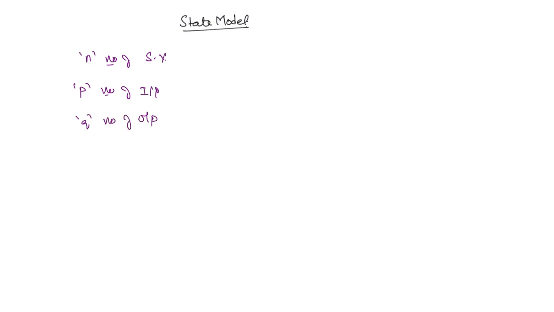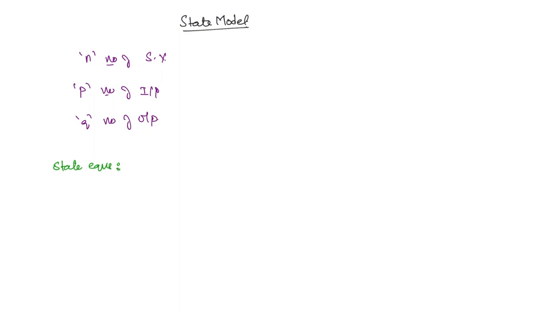Now we will see what the state model is. Consider a control system which has n number of state variables, p number of input variables and q number of output variables. Then you can write the state equations. What are the state equations?